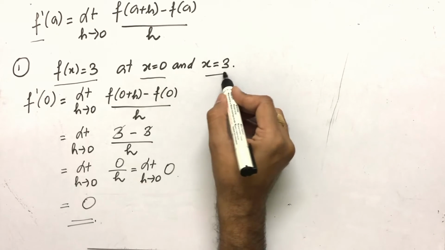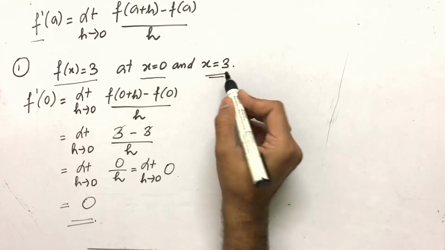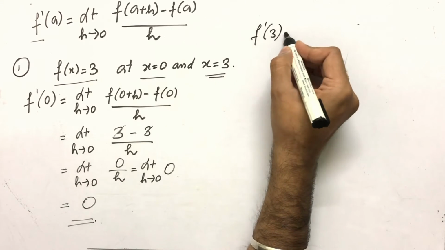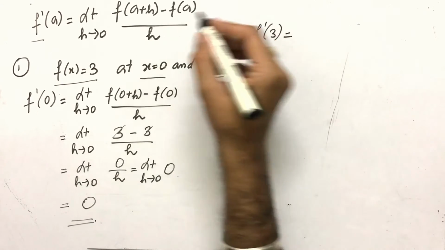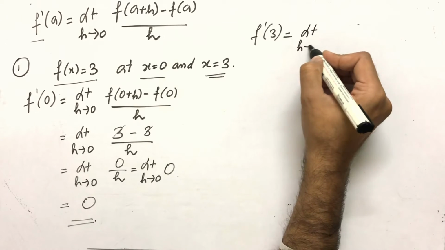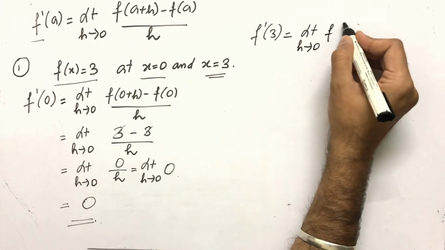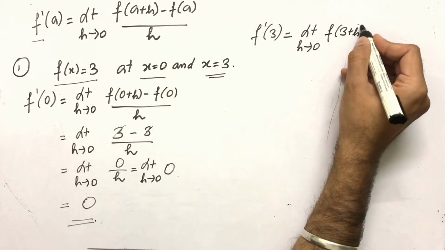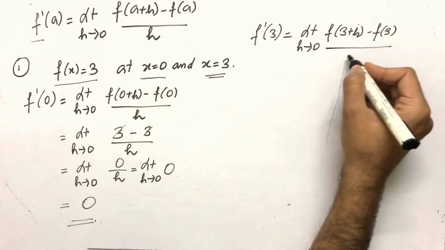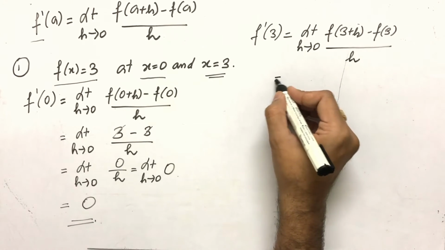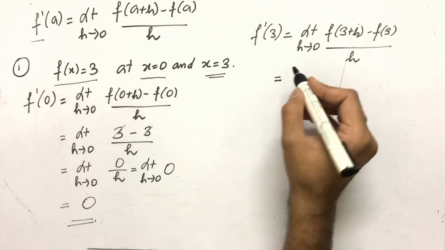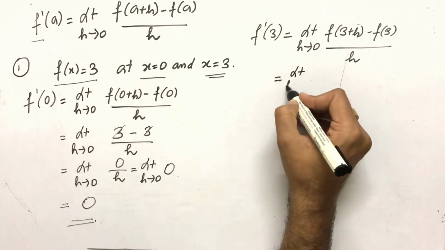Now the second part. The derivative at x = 3 means f'(3). So again putting values here, a = 3. Limit h tends to 0, [f(3 + h) - f(3)] / h. As I already explained, f is a constant function, so it always remains 3.